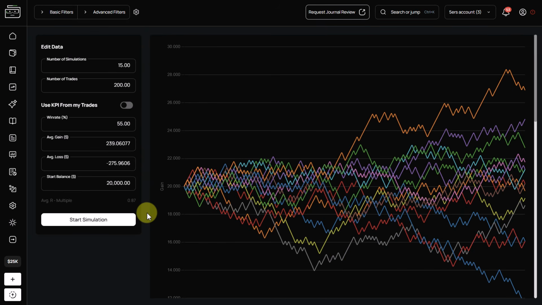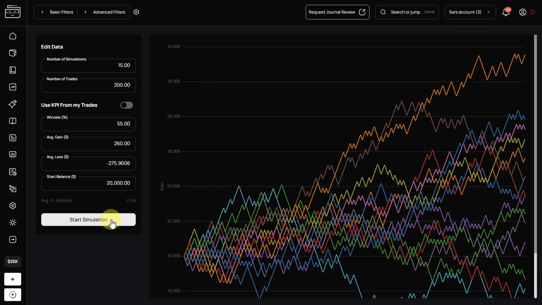But we have also seen that he seems to be closing his winners too early. So let's try to get his average gain up a little bit. Currently his average gain, which means the average winner, is 239. Let's say it's not even a 10% increase, but let's say we go to 260. So his average loss is still bigger than his average win.